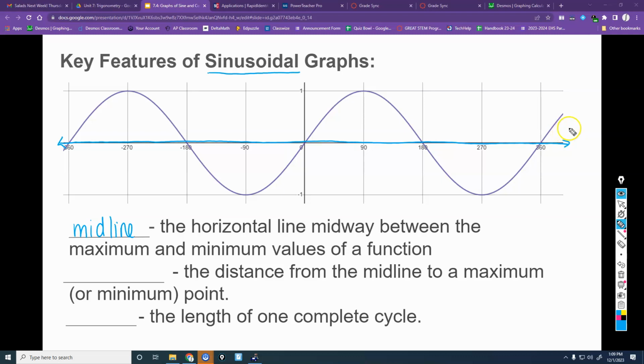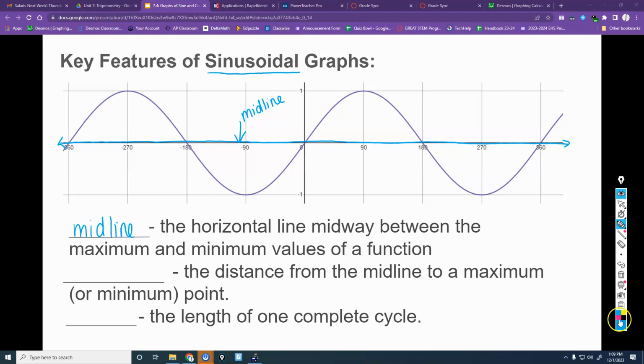So let's draw that in and label it. Actually, let me go back. Let me label it over here. Midline. Okay. Now, on other functions that have been shifted, that's not always at the x-axis, but it is if you just have the basic sine graph.